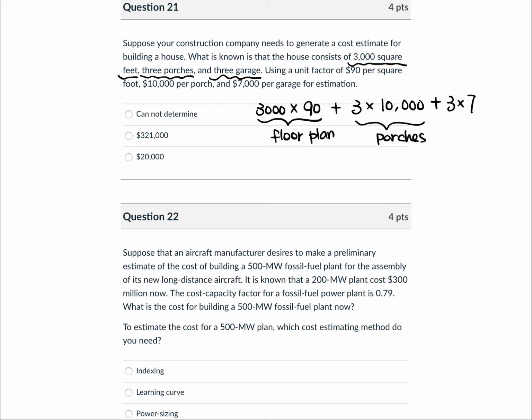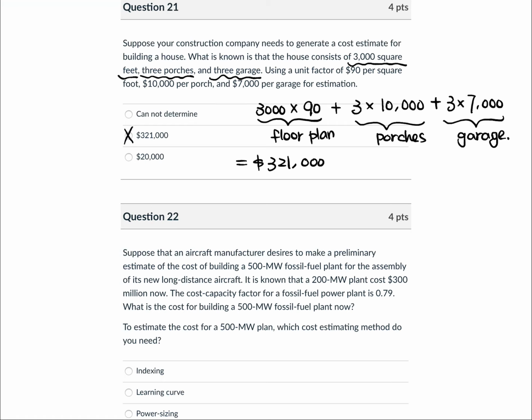And plus you got 3 garages, and each garage needs 7,000. So that's your garage cost. So in total, you're gonna spend $321,000 for this house. Okay.